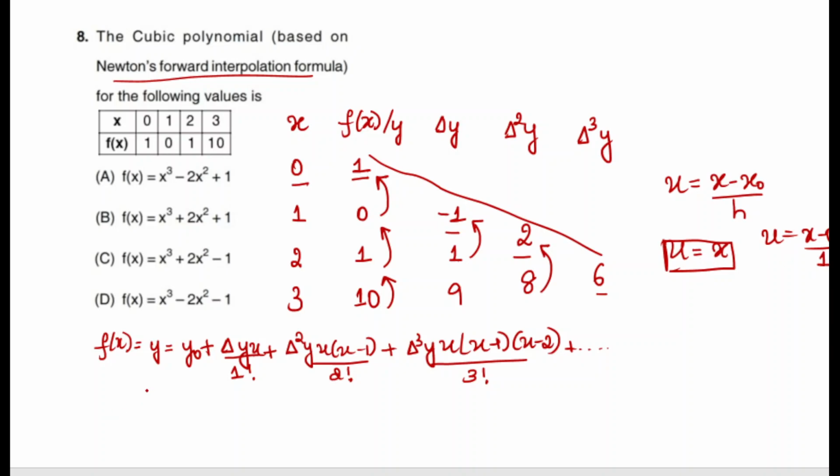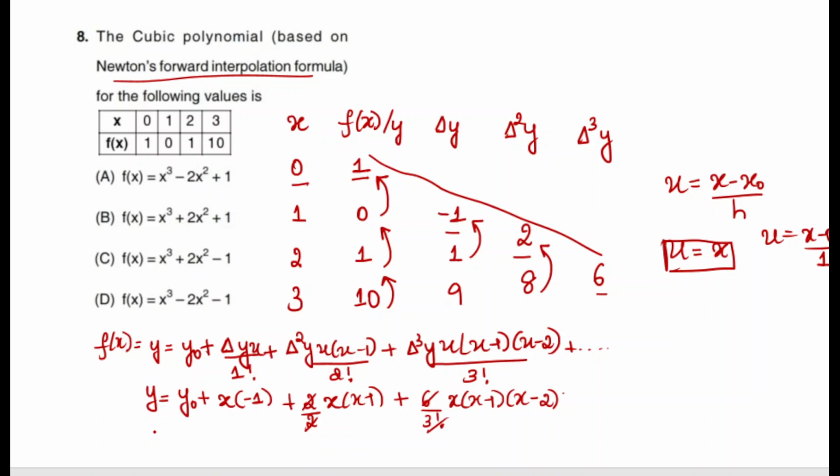Now substitute this, so y is equal to y naught plus u, that is x into delta y, minus 1 divided by 1 factorial, delta square is 2 divided by 2, the 2 gets cancelled, x into x minus 1, plus delta cube is 6, 3 factorial, that will get cancelled, u into x minus 1, x minus 2.